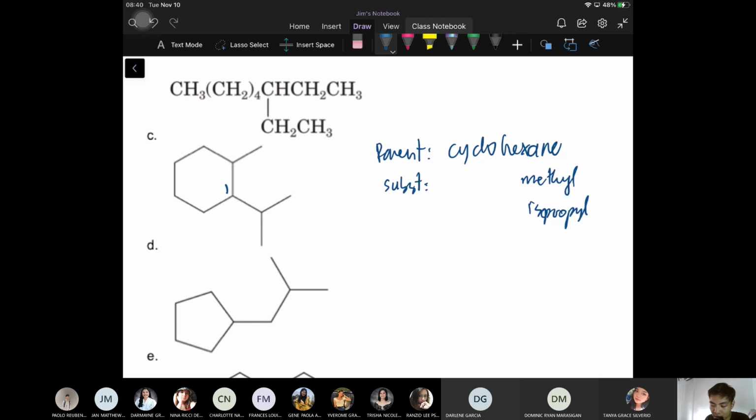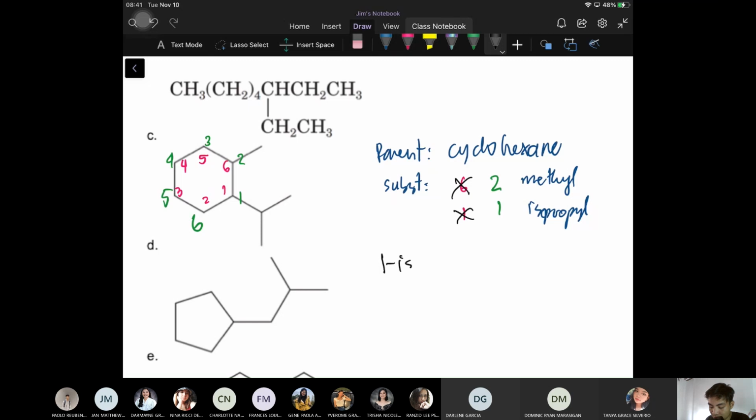Then the methyl. However, how do we number? You can do it clockwise. Okay, so if clockwise, the isopropyl is 1, the methyl is 6. If counterclockwise, the isopropyl is 1, the methyl is 2. Which one will you choose? The counterclockwise.